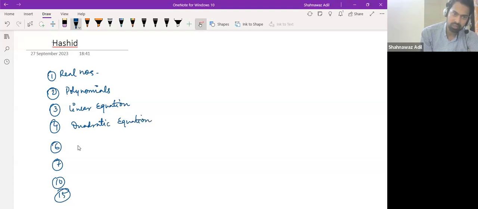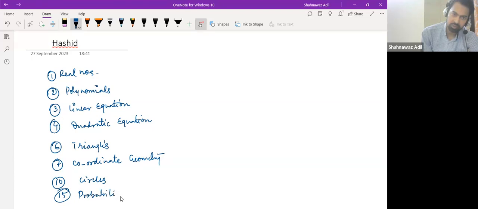This one is triangles. Fifth is AP. This one is, I guess, triangles. And then the seventh one is coordinate geometry. Tenth is circles. 15th one is probability, right?